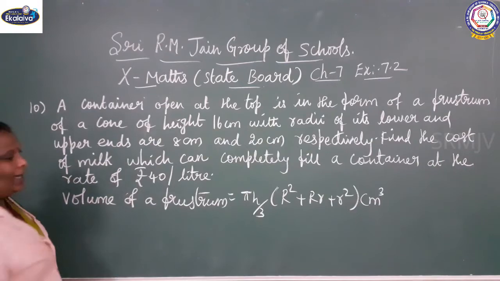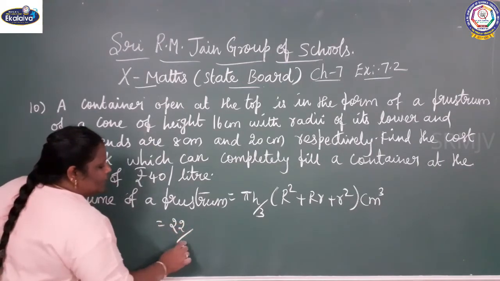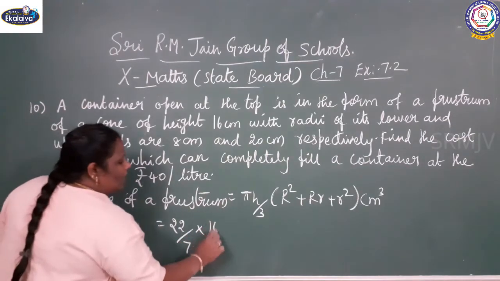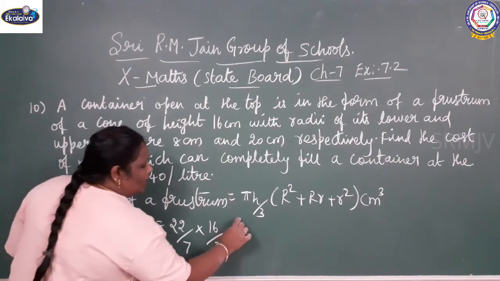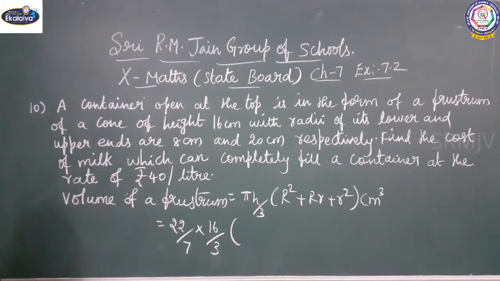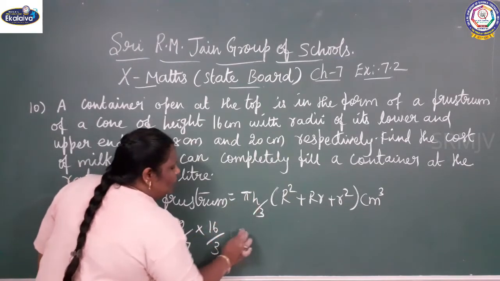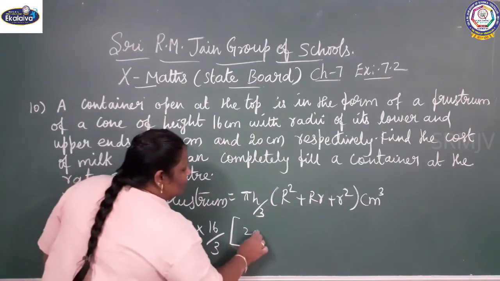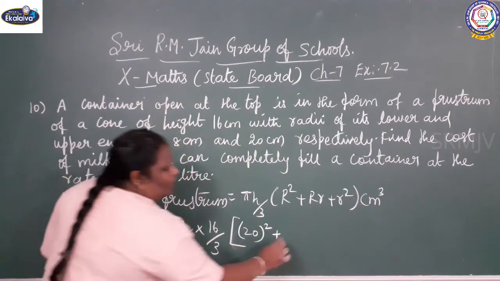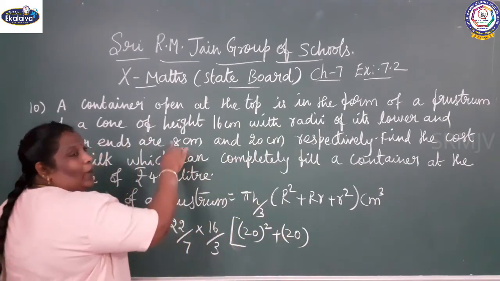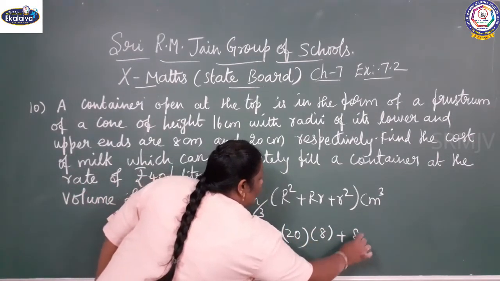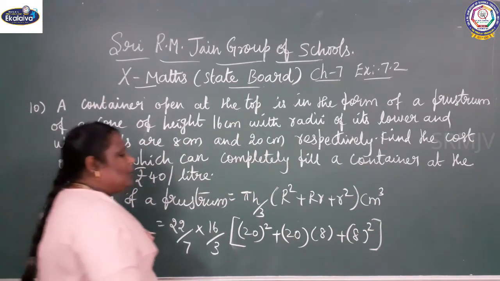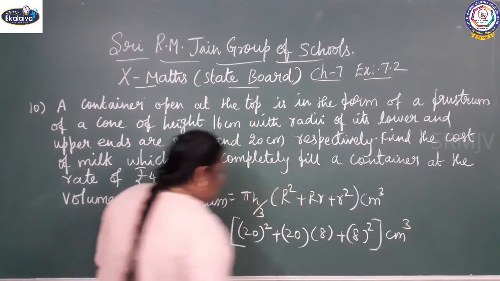We can substitute all the values. So 22 by 7 into, what is the height? Height is 16 by 3 into R square. What is the value of R? R equal to 20. So 20 square plus 20 into small r value 8 plus 8 square, centimeter cube.